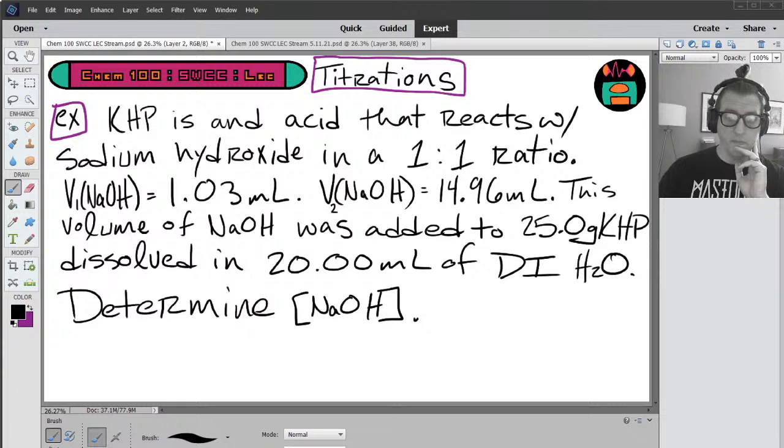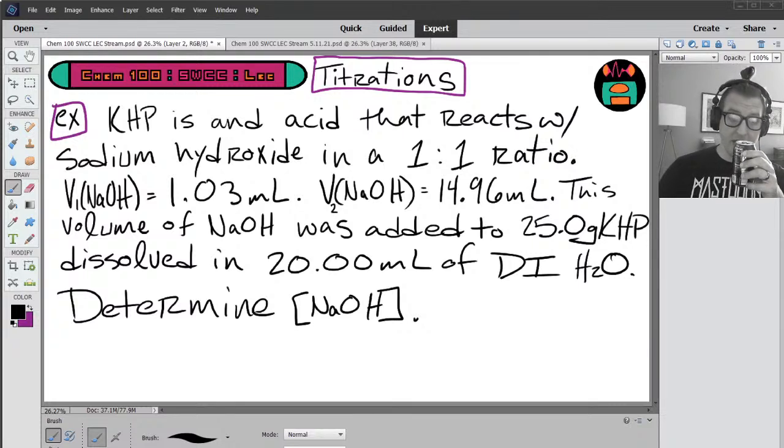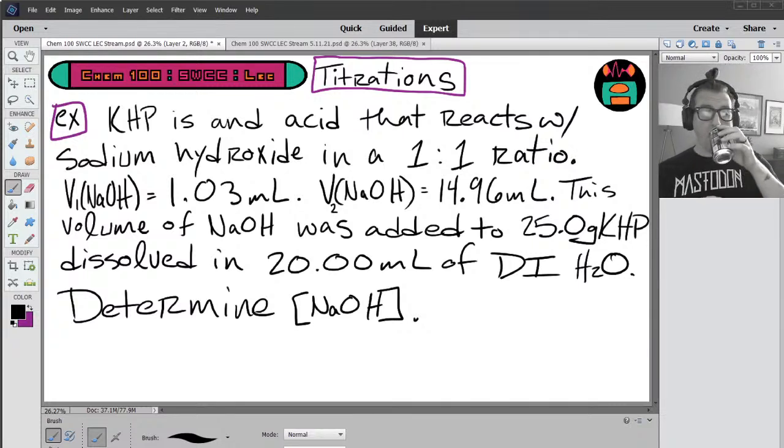Our final volume is 14.96 milliliters. This volume of sodium hydroxide was added to 25 grams of KHP dissolved in 20 milliliters of DI water. Determine the molarity of sodium hydroxide, because that's what the square brackets mean.